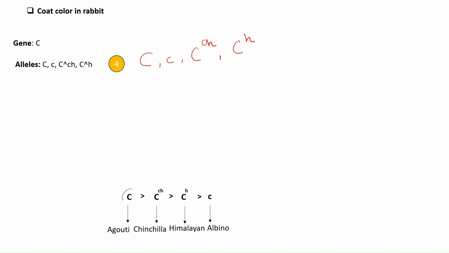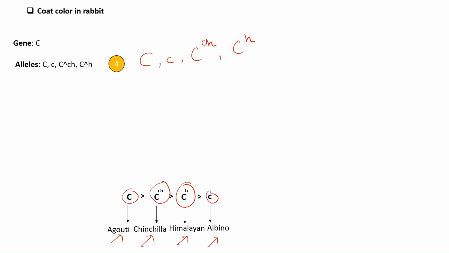Capital C is dominant over the other alleles and is responsible for agouti. CCH is dominant over CH and c, responsible for chinchilla. CH is dominant over small c, responsible for the Himalayan phenotype, and small c is for the albino phenotype. So this is the relationship between the alleles.